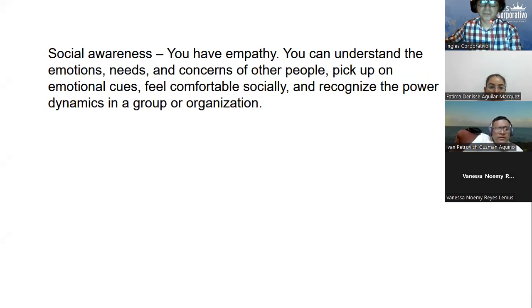You can understand the emotions, needs, and concerns of the people. Pick up on emotional cues. Feel comfortable socially and recognize the power dynamics in a group or organization. Very good. What did you understand in this paragraph?